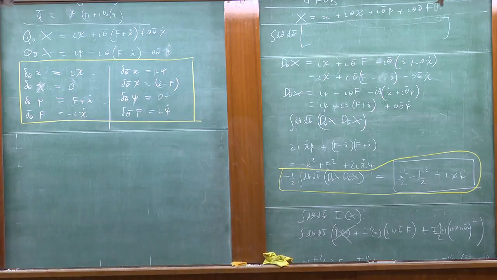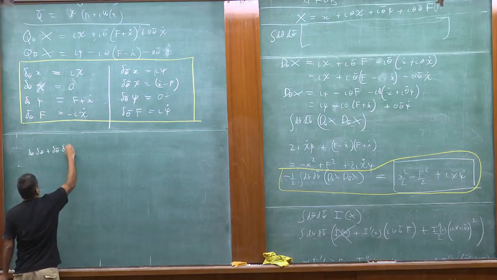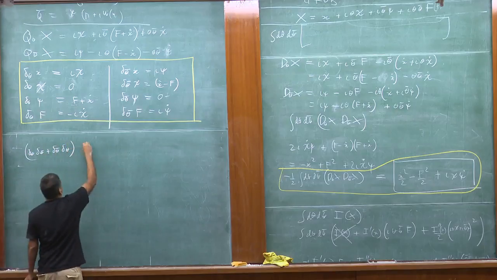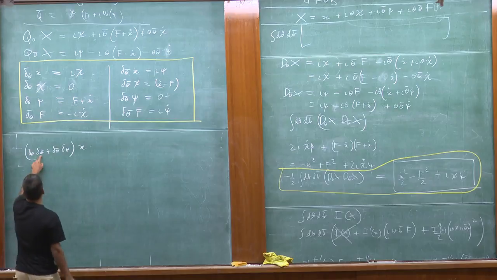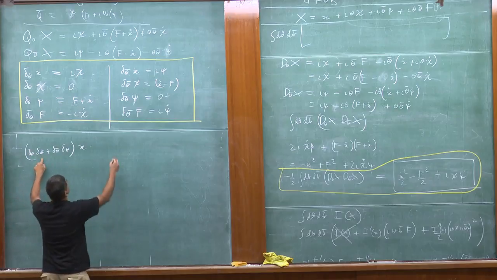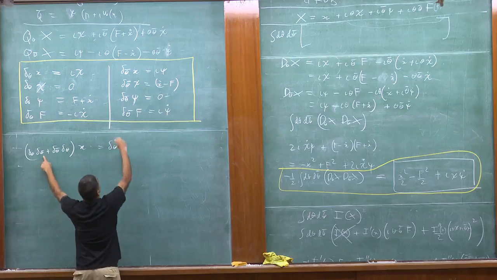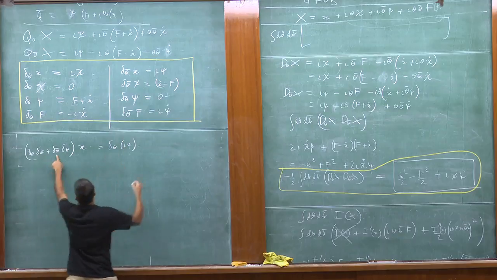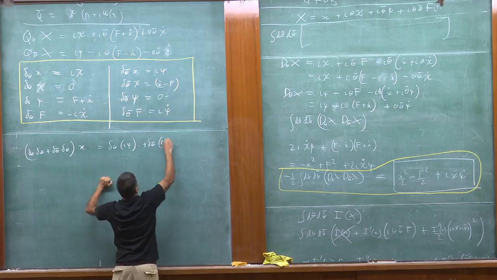So let's see. Okay, so we want delta theta bar plus delta theta bar delta theta. Let's work this out on x. The first term was equal to delta theta of I psi plus delta theta bar of I chi.